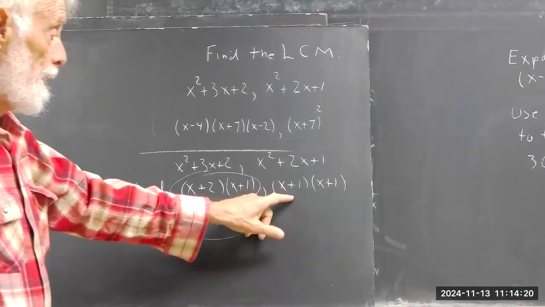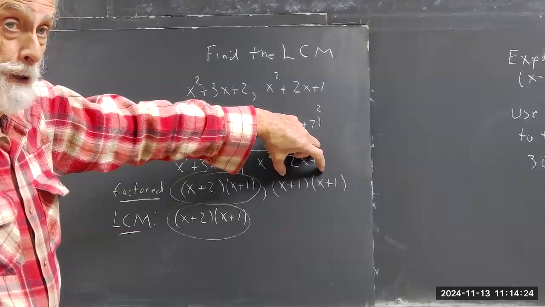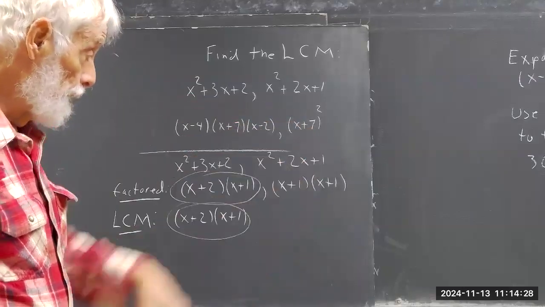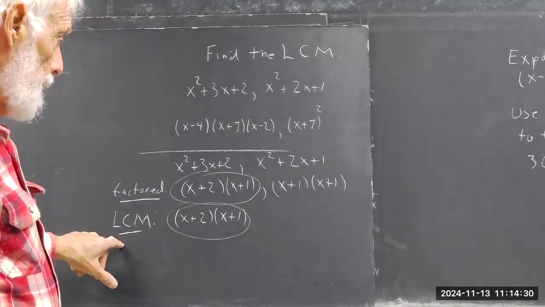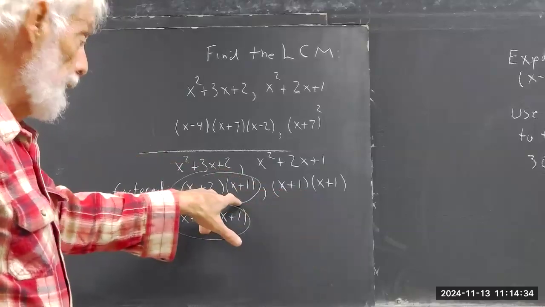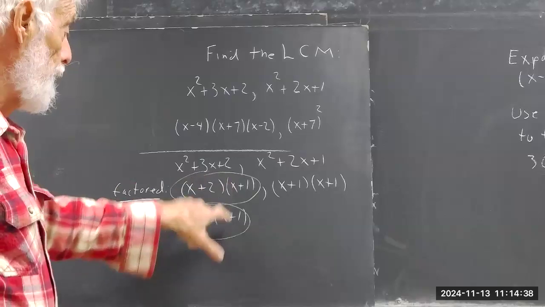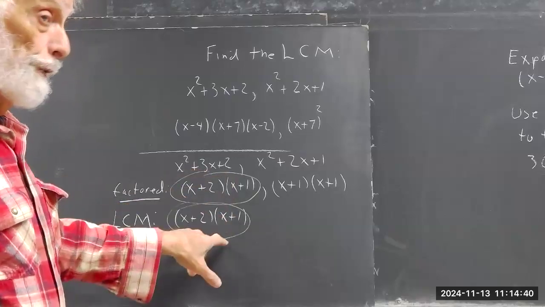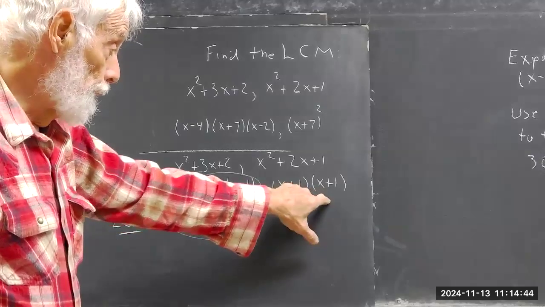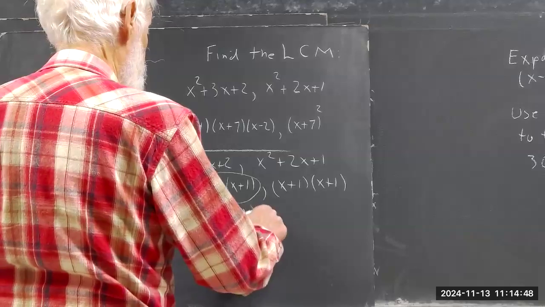Now, we need a pair of x plus ones here, because we have x plus one times x plus one. In the least common multiple, we've got to contain this expression and we've got to contain this expression. If we have this expression already, then this one's already contained. What else do we need in order to contain this? Well, all we need is an extra x plus one.